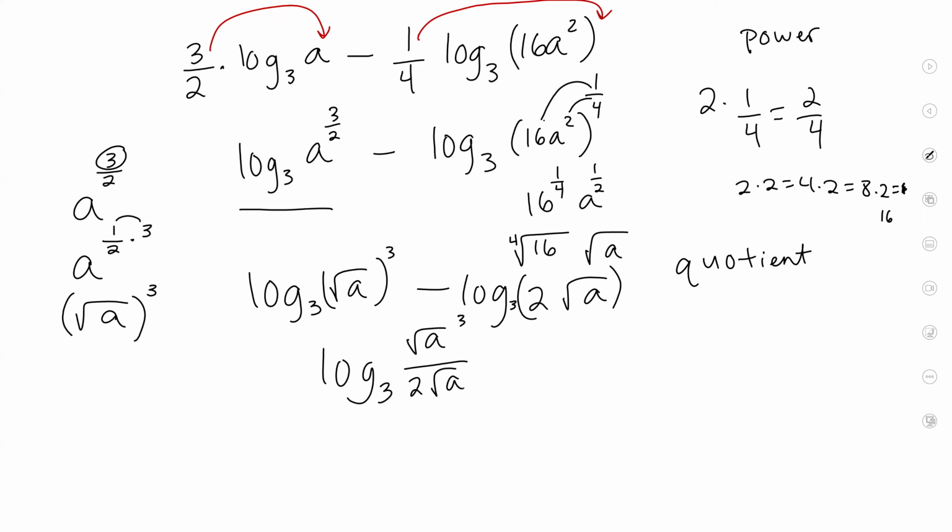Okay, I'm going to do one final thing. Let me expand this out. Square root of a times square root of a times square root of a over 2 square root of a. I wrote it 3 times because I have a 3 right here. I can eliminate one of them; this can cancel with one of those.